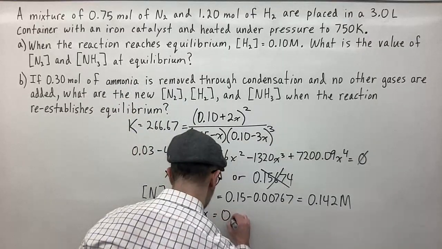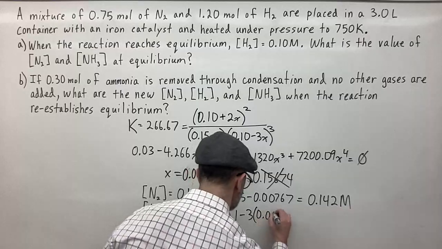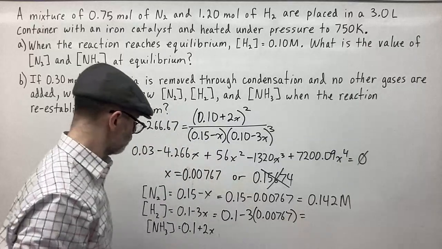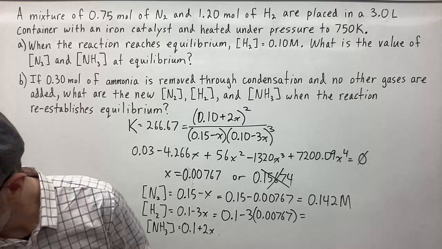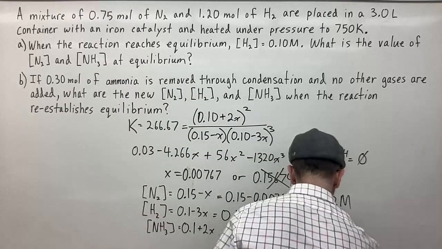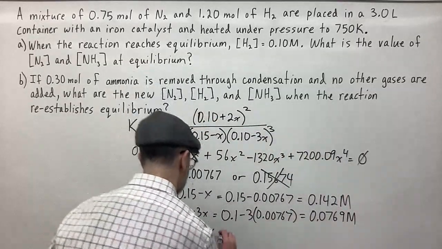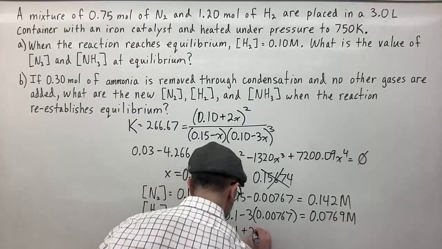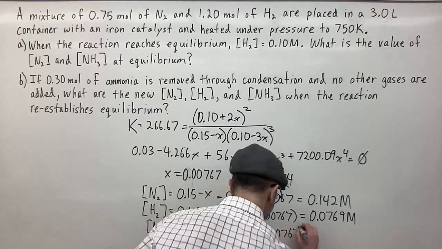So we're going to have 0.1 minus 3 times x, which is 0.00767, and that gives us 0.0769 molar, and then this is going to be equal to 0.1 plus 2x, which is 0.00767 again.